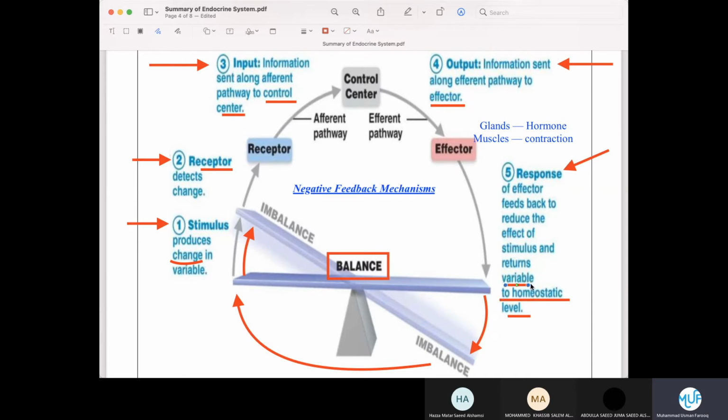Okay, real life example, boys. Let's just discuss one or two real life examples. If you touch a hot object, what will happen? Your hand will get burned. Then do you keep your hand next to the hot object?